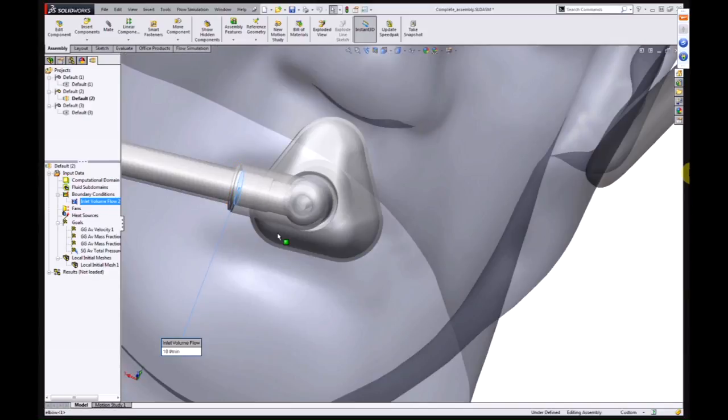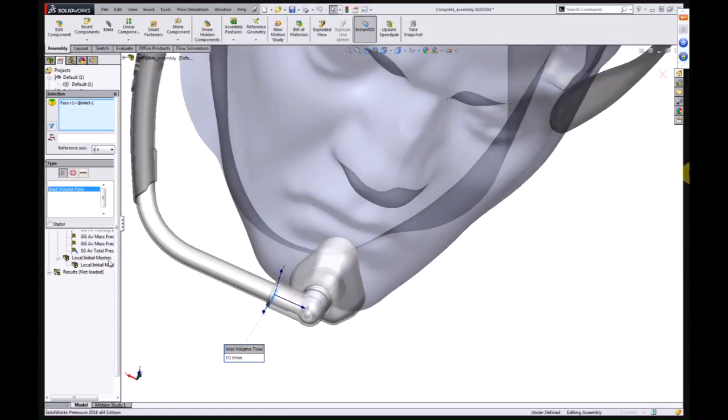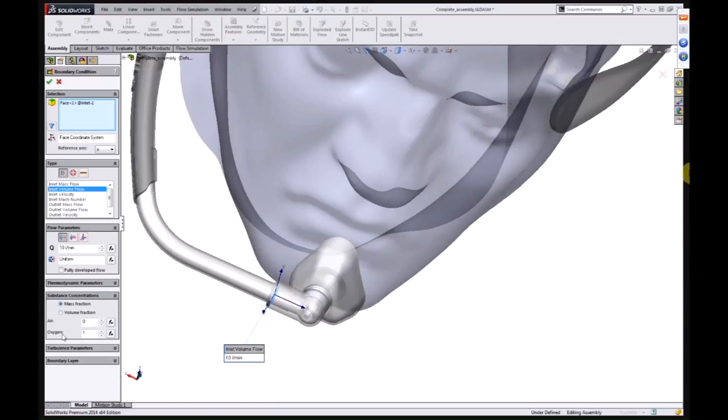So we're hoping we get some mixing and some diffusion as it comes out of here before it reaches the patient. And so we go off and run that analysis. That's essentially the setup. We've got a computational domain that's filled with air, and we're inserting oxygen.